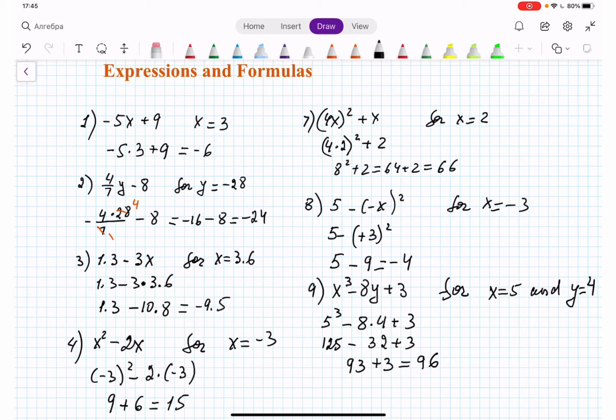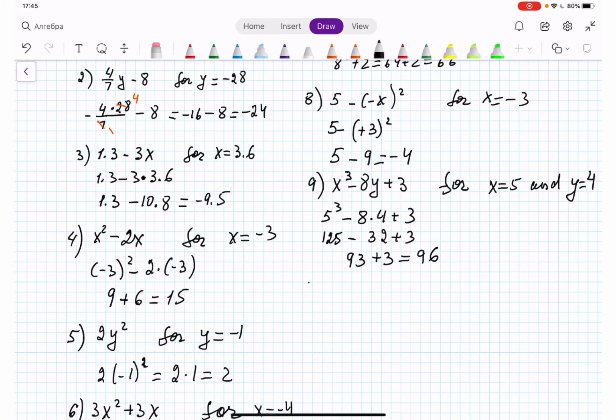Number 10. Evaluate 2r squared plus 5s squared minus rs for r is equal negative 3 and s is equal 4.